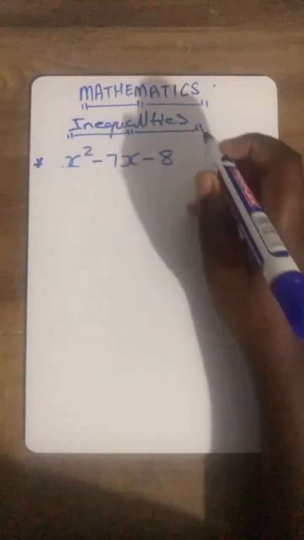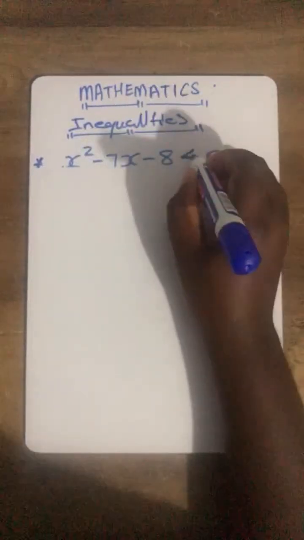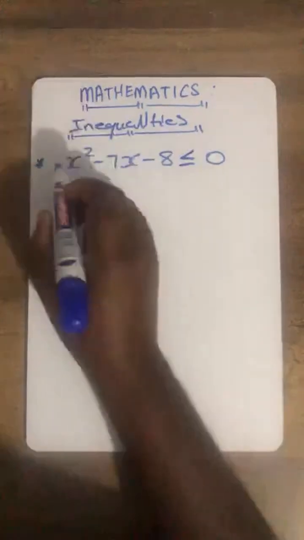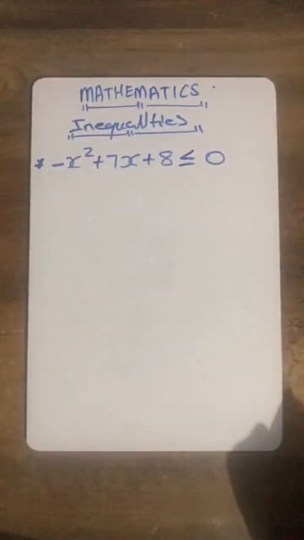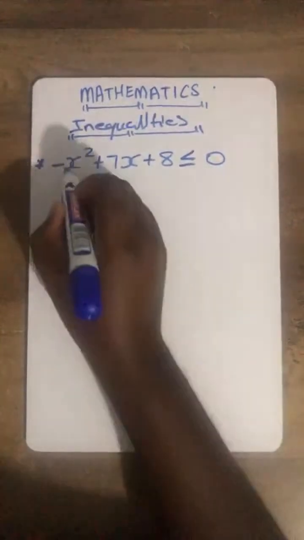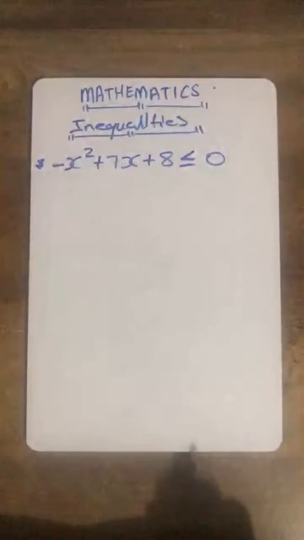Let's say there we had less or equal to, there we had a negative, there was a plus, there was a plus. Let's say we had something of that nature, honorable members.